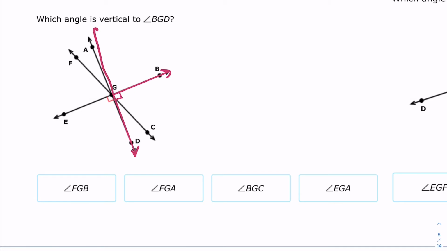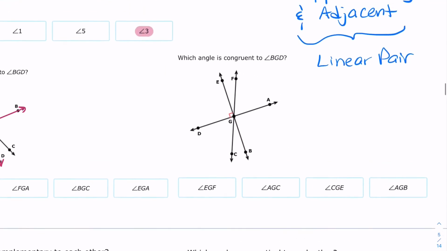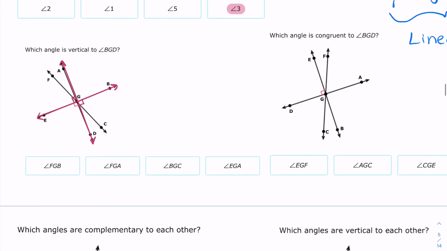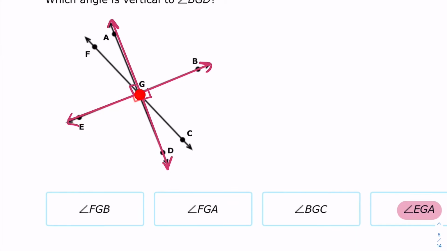So opposite that is GA and GE, making it A, G, and E. So AGE, which I don't see. Oh, I do see, but it's written EGA. So EGA is right there. So that's angle EGA. I'm just going in a different direction, E to G to A.